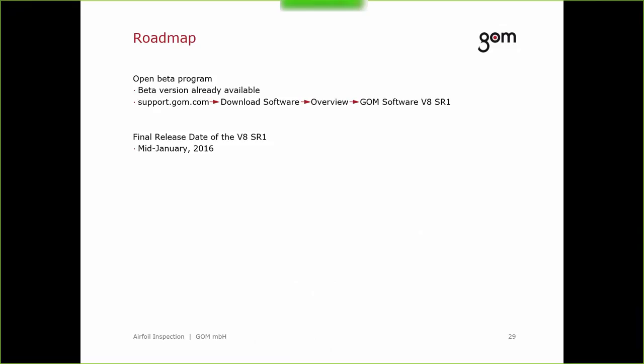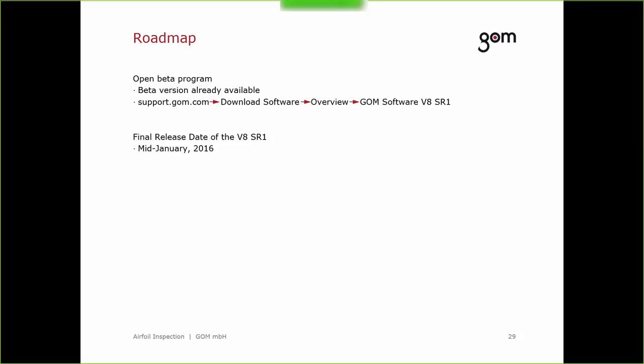Okay. So I'm going back to the PowerPoint. We have almost reached the end of the webinar. There are also additional informations we would like to mention. You can download a beta version of the V8 SR1 already. GOM has launched the open beta program in order to give you the opportunity to try out new functions and enhancements without affecting your daily business.